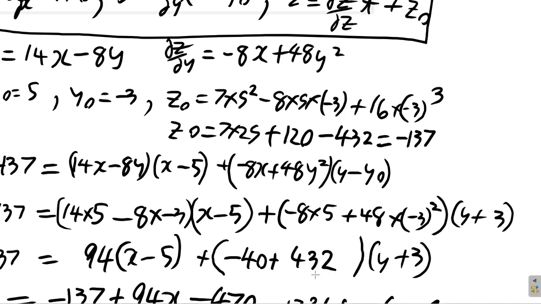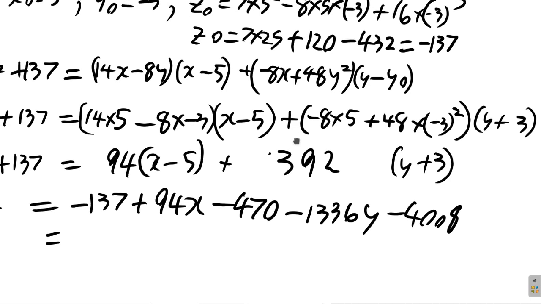Oh, yes, yes. So it's 432 minus 40. Oh, 392. Right, this should have been 392. Made a mistake. This is 392 times y plus 3.